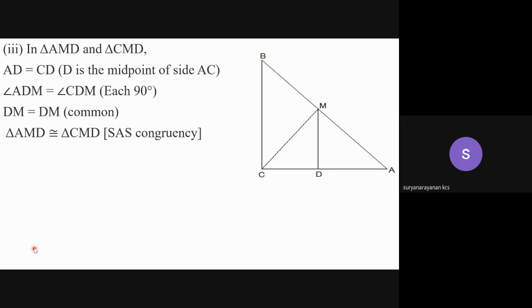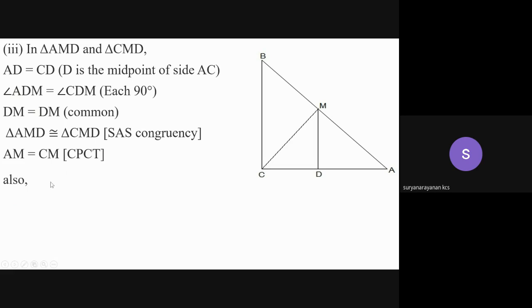So then by CPCT, can we write which parts can be equated? AM is equal to CM. Can we write it or not? AM is equal to CM by CPCT.